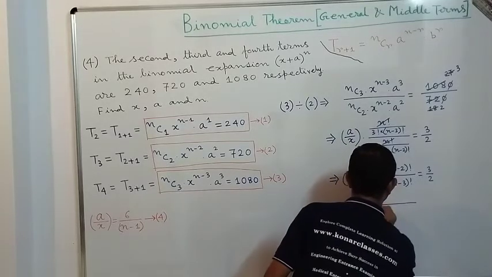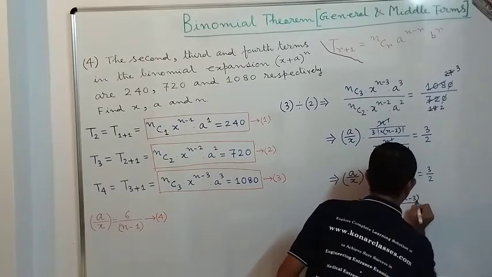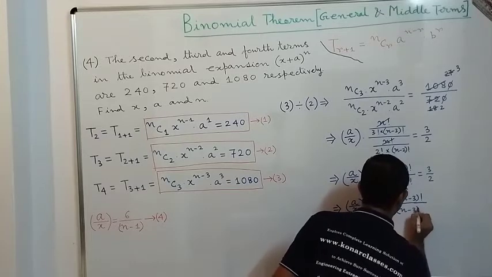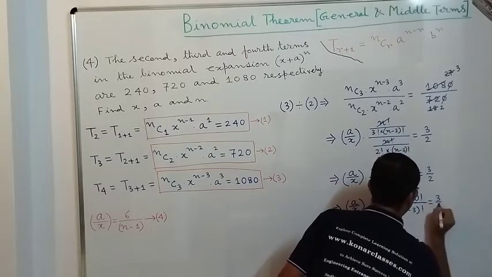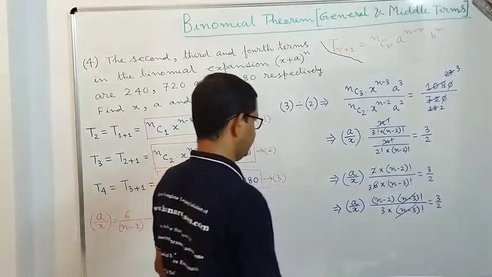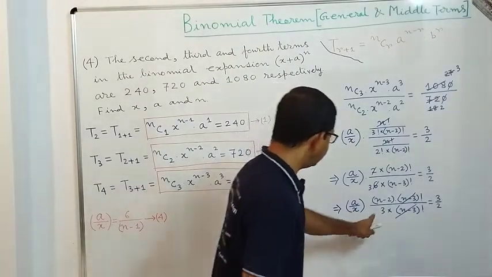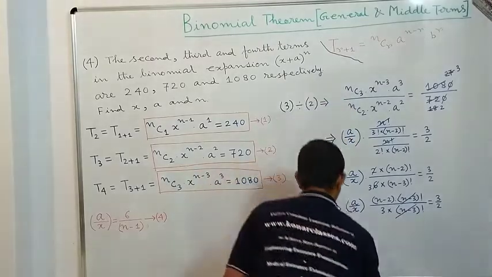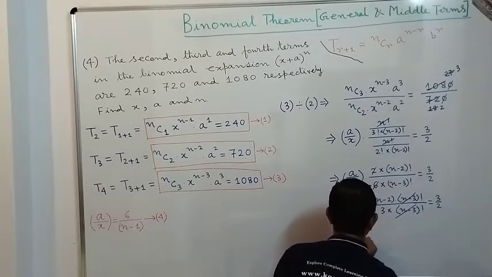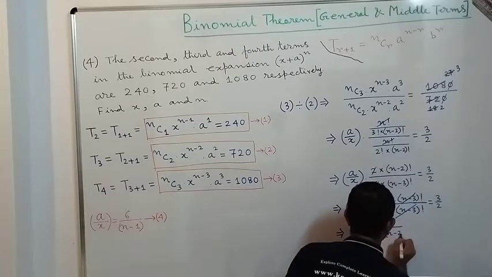So we write here n minus 2 into n minus 3 factorial divided by 3 into n minus 3 factorial, that is equal to 3 by 2. Now n minus 3 factorial and n minus 3 factorial got cancelled. So from here a by x is equal to 9 by 2 into n minus 2.